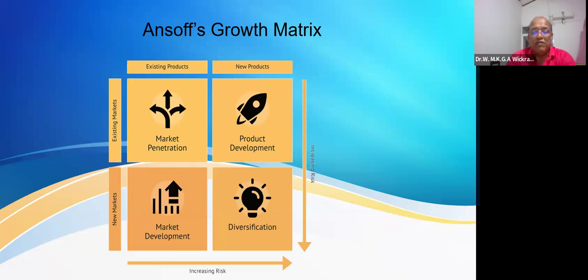A new product may fail. So that is a high risk. Even Munchee, a biscuit company, is sending products all over the world, around 35 countries.